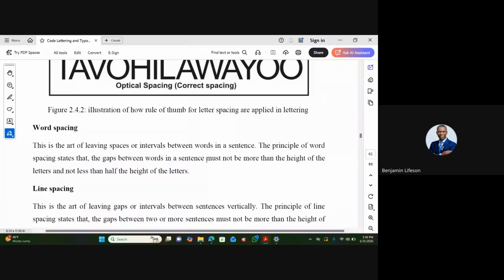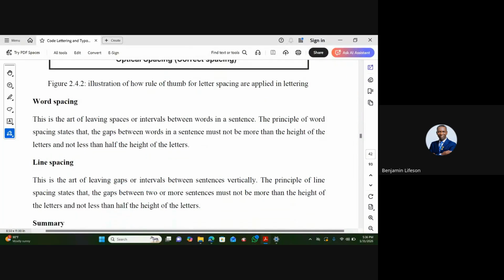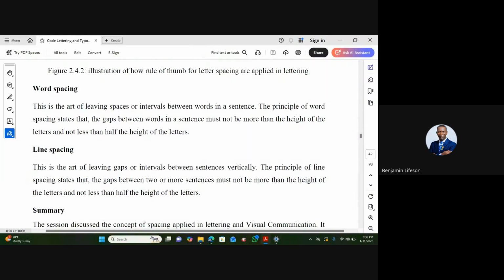So the spaces in between must not be, so look at E and M, okay? E and M. Look at the capital T, and this thing. It says it must not be more than the height. Okay, so if this one falls right now, it must not be more and less than half.